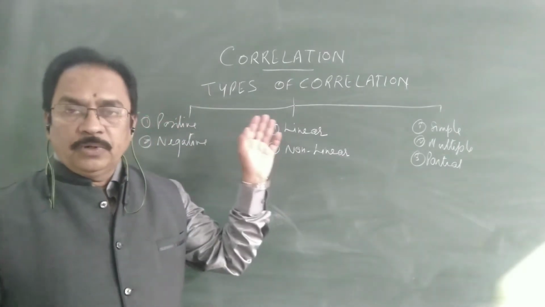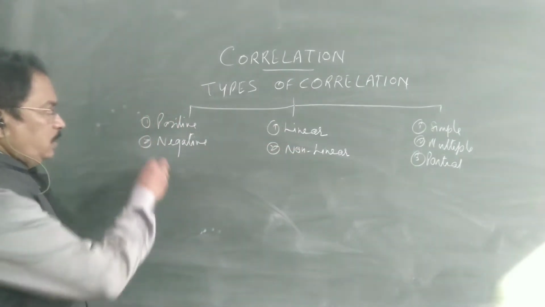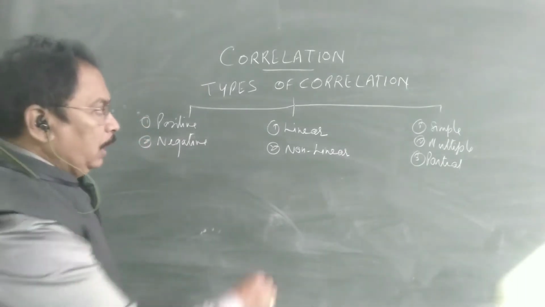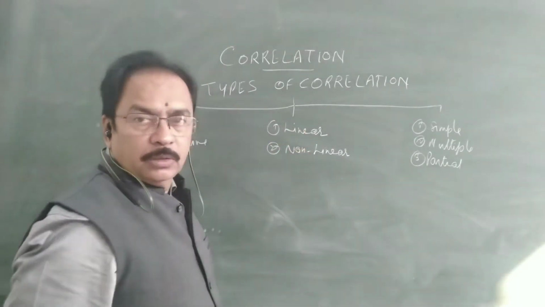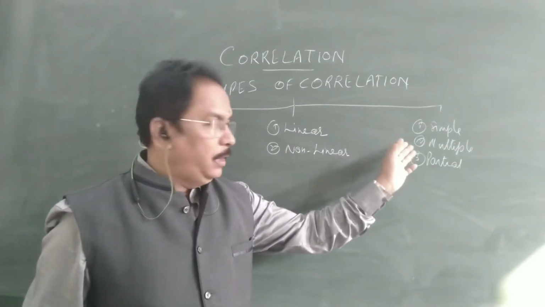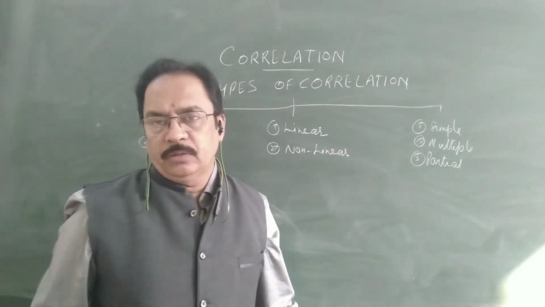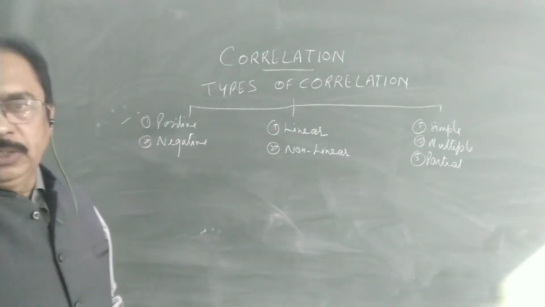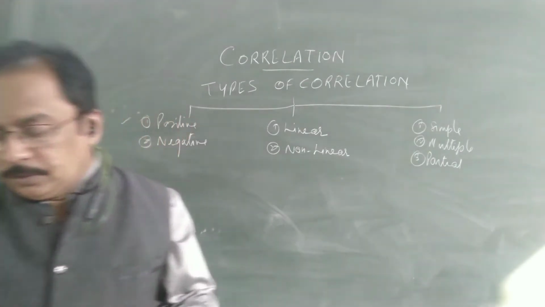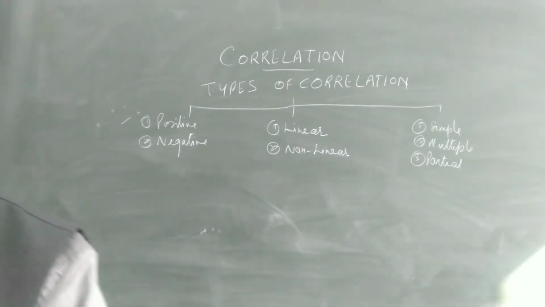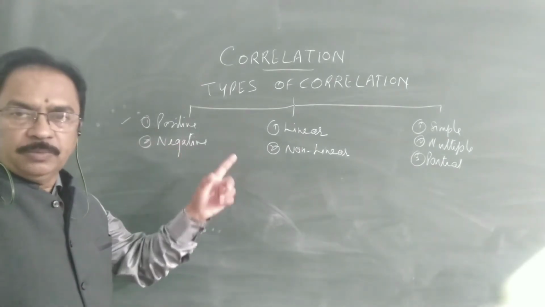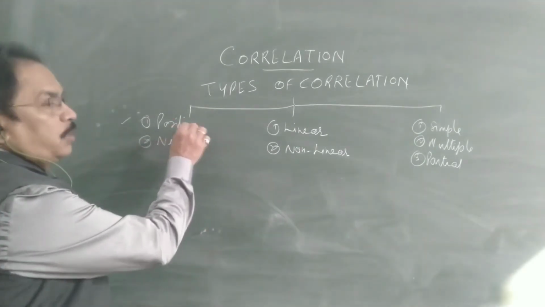When we talk about the different types of correlation, we can see positive and negative correlation, linear and non-linear correlation, then simple, multiple and partial correlation. When the two variables move in the same direction, that is called positive correlation.